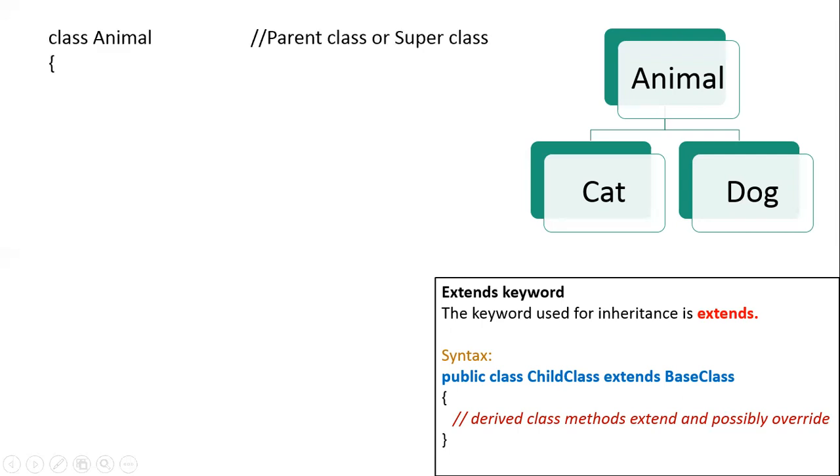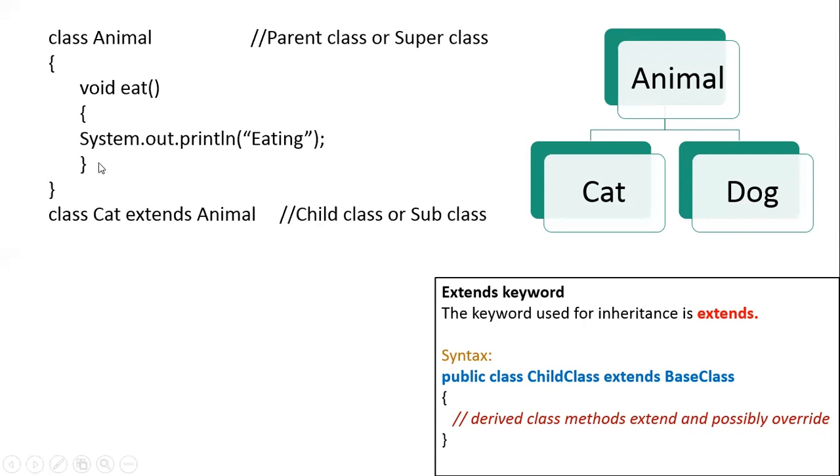So this is a class animal. It has a method eat and then this cat class extends this animal class. So here this animal class is a parent class or a superclass and this cat class is a child class or subclass, and this cat class inherits characteristics of this parent class.